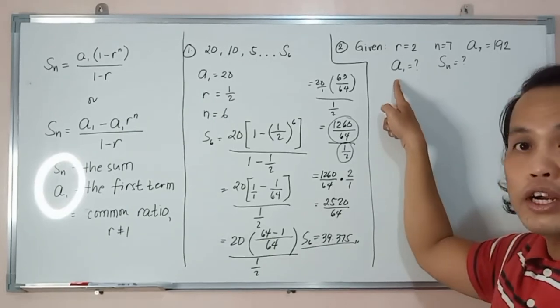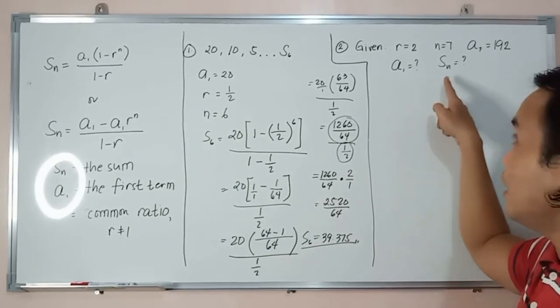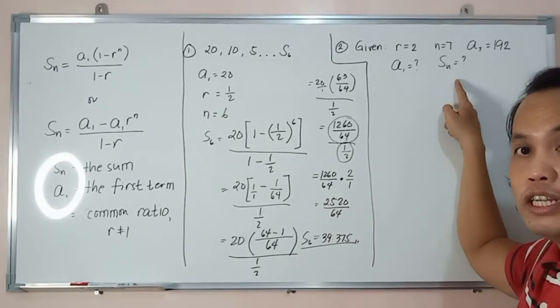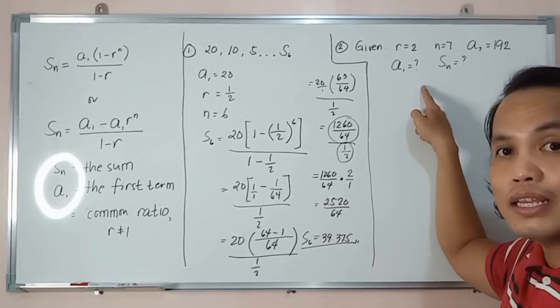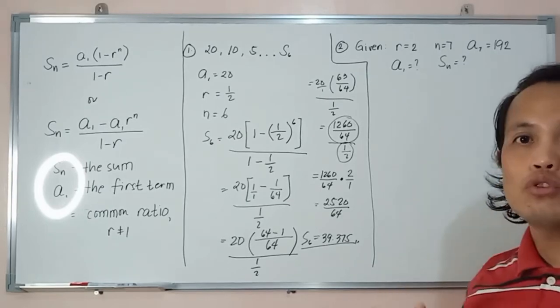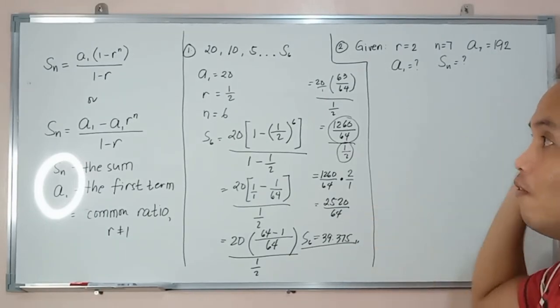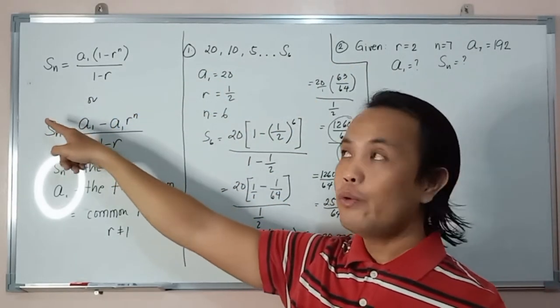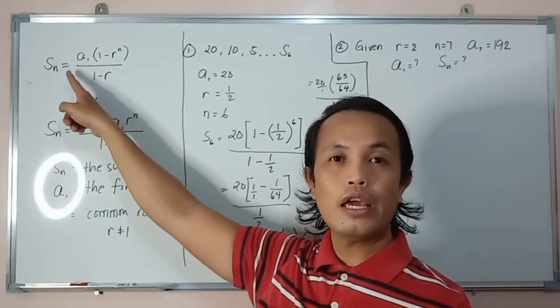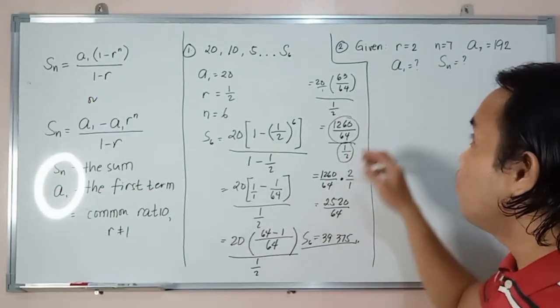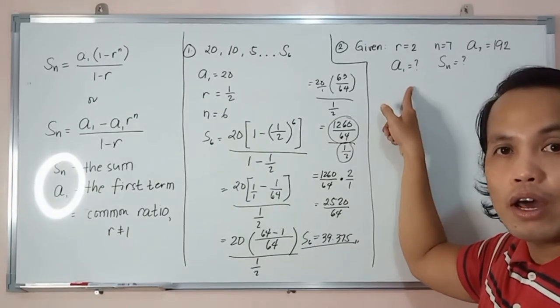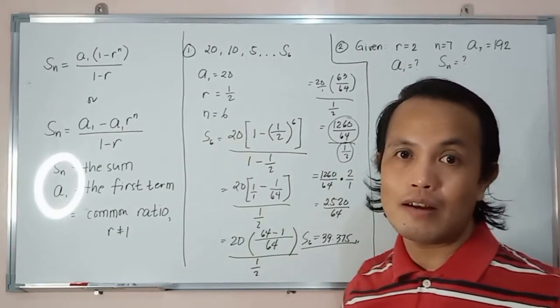Then we are to solve for a sub 1 and s sub n, or in this case, s sub 7. So we have two unknowns here. Now, since in the formula for the sum we will be needing the information for a sub 1, we need to solve first for a sub 1 before we can solve for s sub 7.